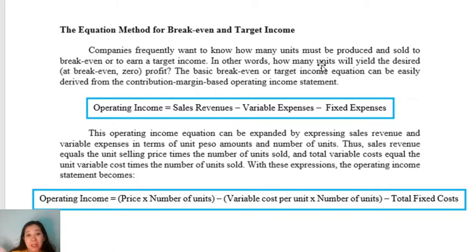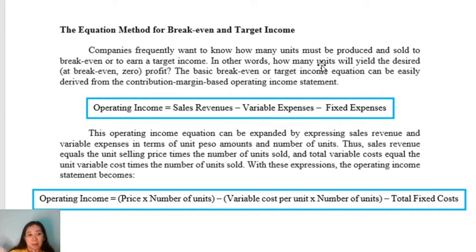Your operating income is equal to sales revenues minus variable expenses minus fixed expenses. By the way, again, sales revenues minus variable expenses is equal to contribution margin. Contribution margin minus fixed expenses is your operating income. We just presented it the other way around, but it's still the same.